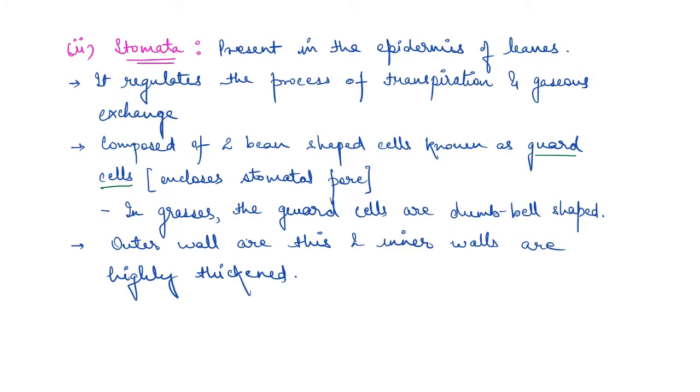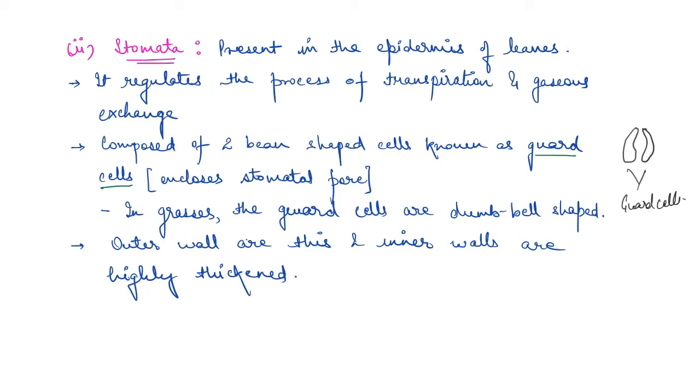Each stoma is composed of two bean-shaped cells, and these cells are known as guard cells, right? And these enclose the stomatal pore through which the exchange and transpiration happens.